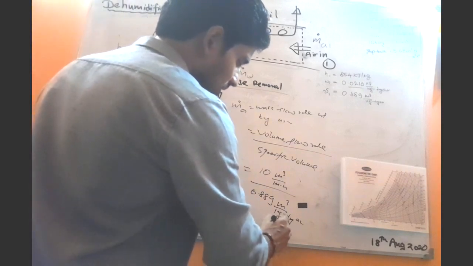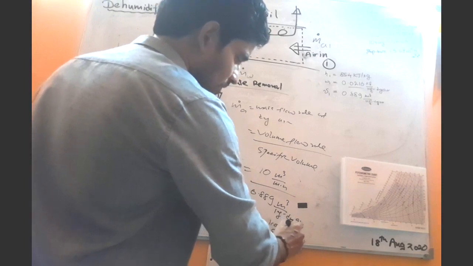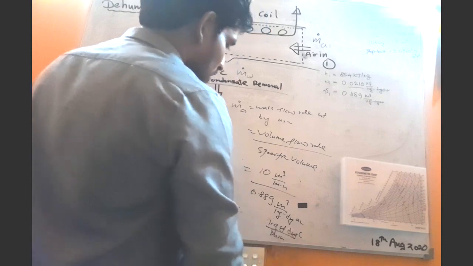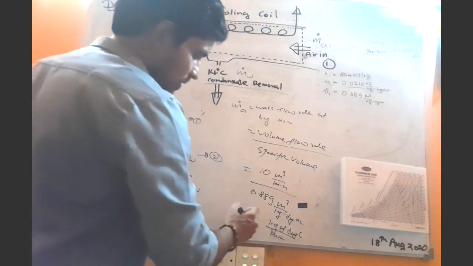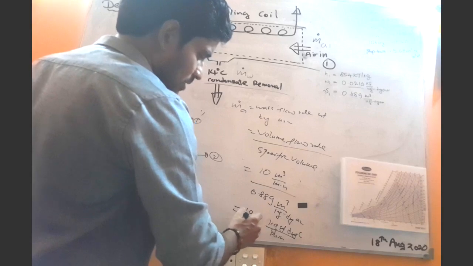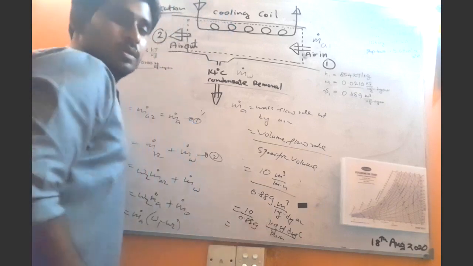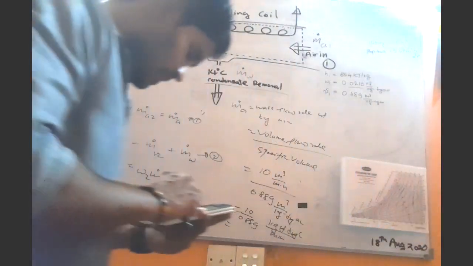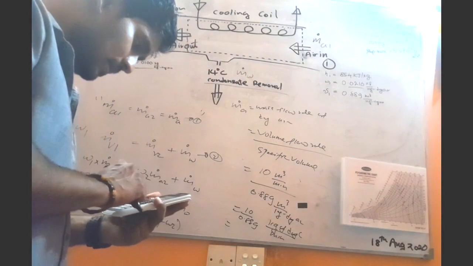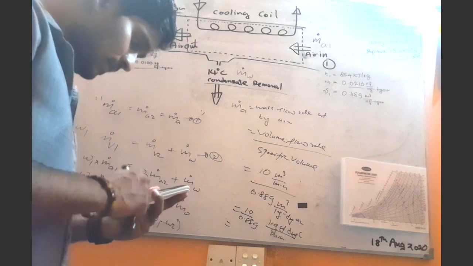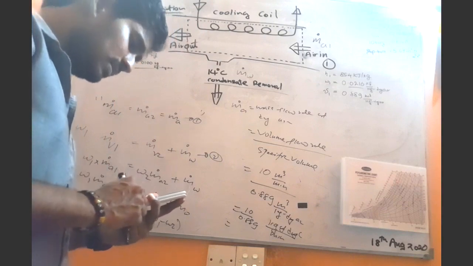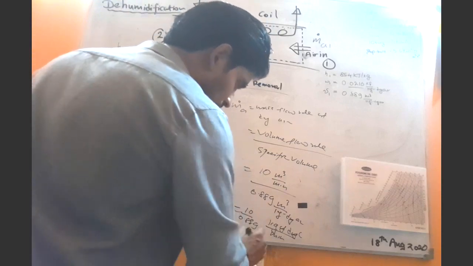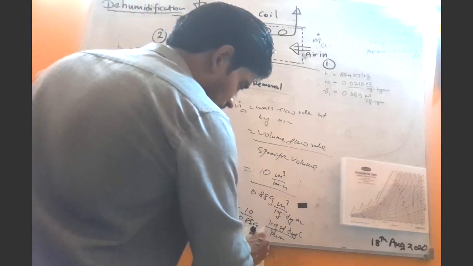So now we can find the mass flow rate of dry air. The unit will be kilograms of dry air per minute. In order to find that, you have to divide 10 by 0.889. So 10 divided by 0.889 will give you 11.25 kilograms of dry air per minute.